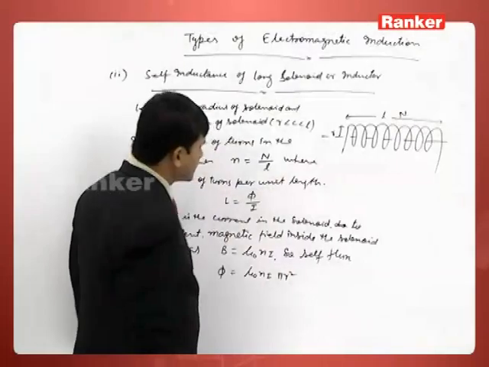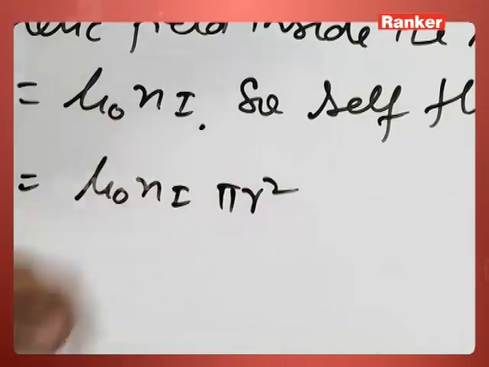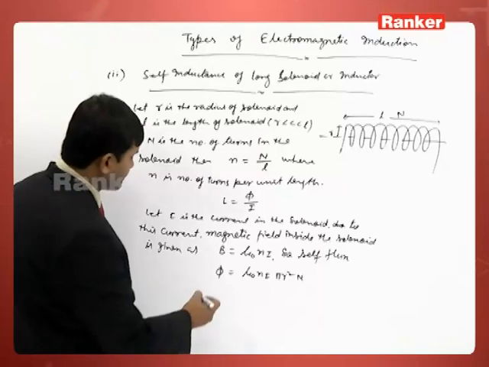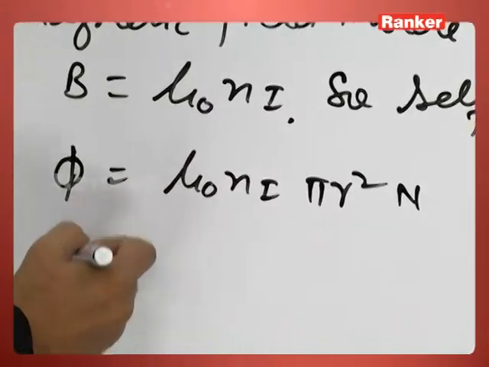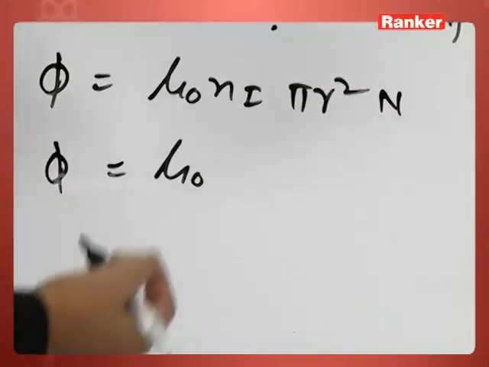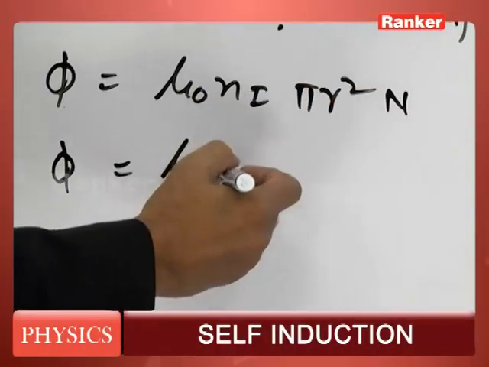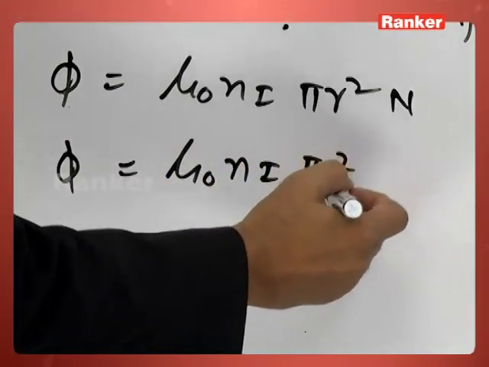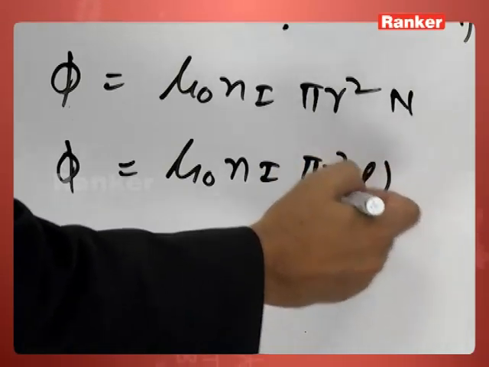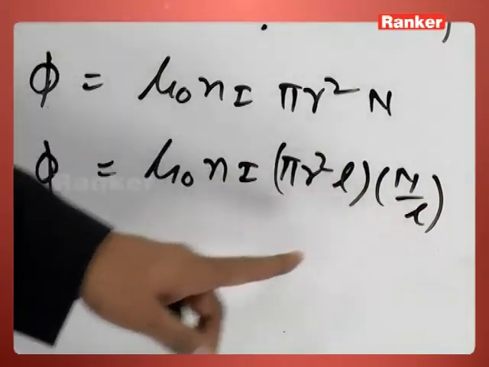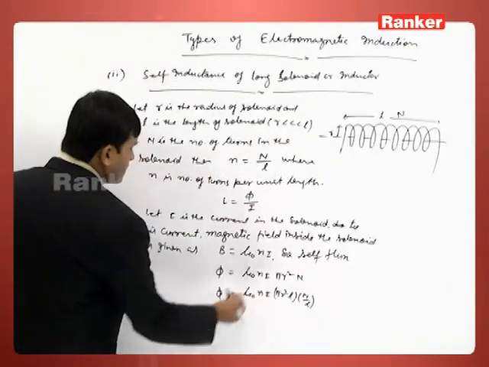Each turn has radius r, so the area of each turn is πr², and the total number of turns is capital N. So φ is further written as μ₀ n I πr² times L times N by L, and N by L is the same as n.